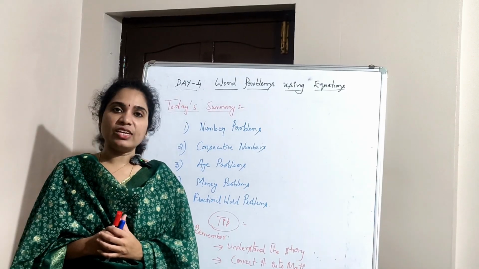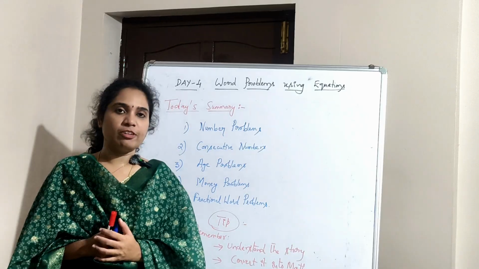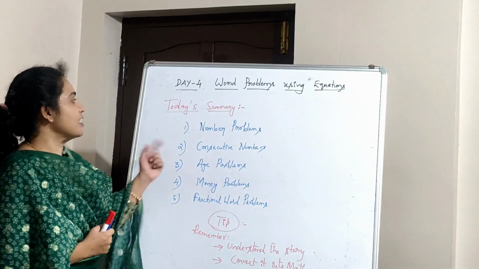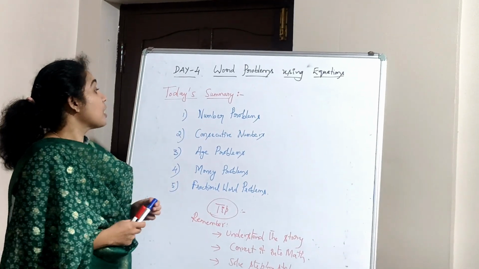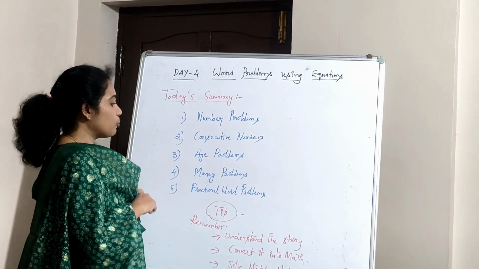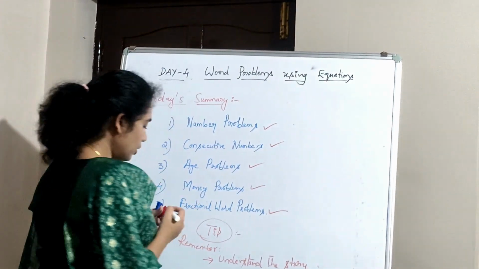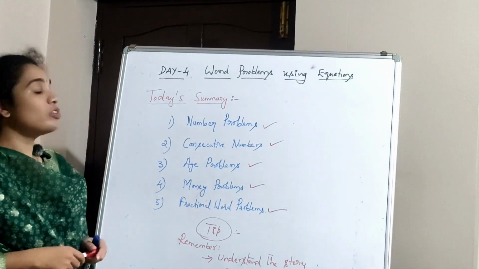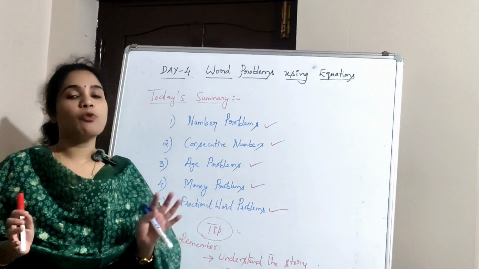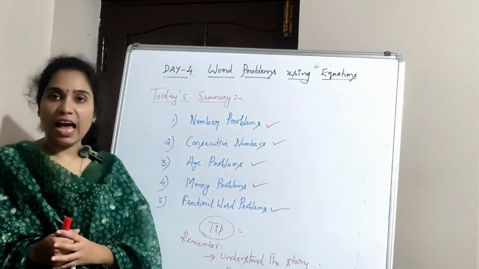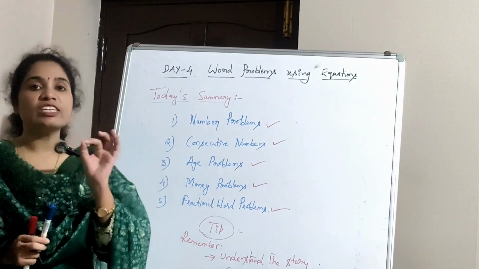Okay, before we finish, let's quickly summarize what we have learnt today. Today we discussed number problems, consecutive numbers, age problems, money problems, and fractional word problems. Remember, whatever the type of word problem, read the question carefully.